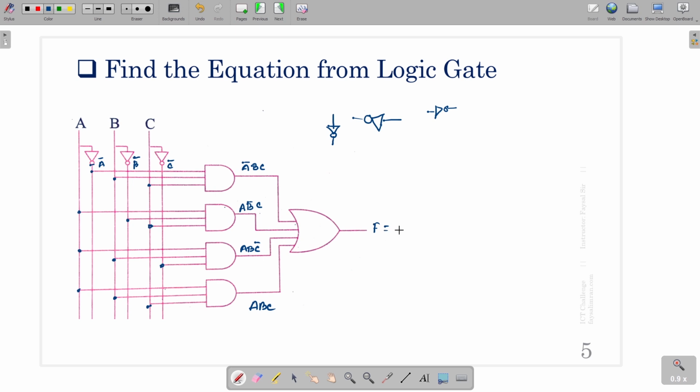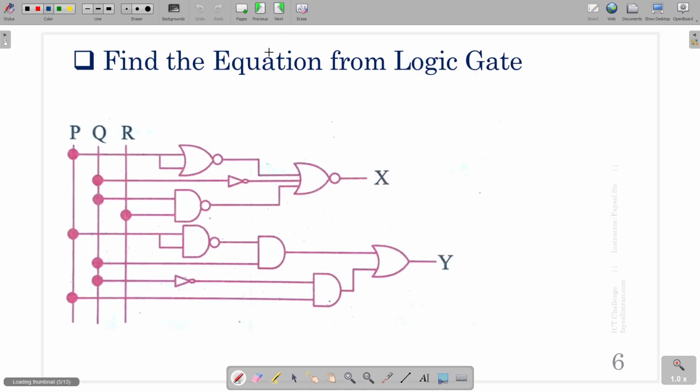So F equals, sorry, we don't need to write F here because we don't have this F. So here A bar B C plus another input is A B bar C. So we have to add A B bar C plus A B C bar plus A B C. So this is our output.